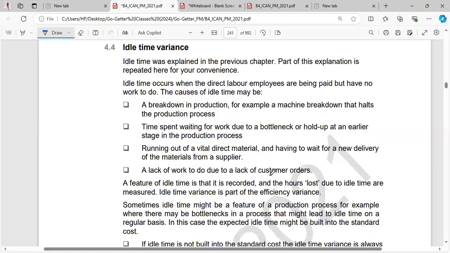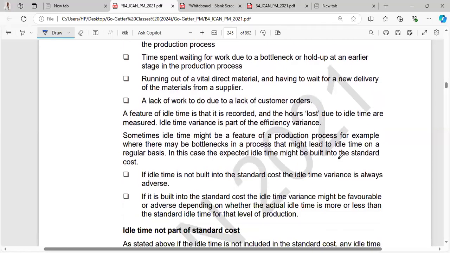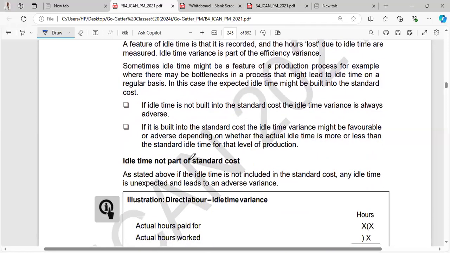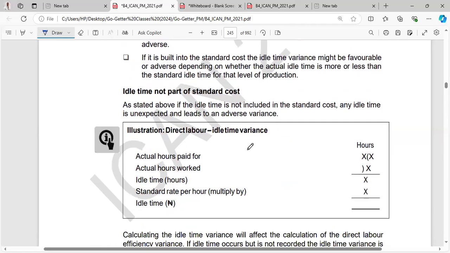So a feature of idle time is that it is recorded, and the hours lost due to idle time are measured as part of the efficiency variance. Now, if idle time is not included in the standard cost, any idle time that occurs will lead to adverse variance.